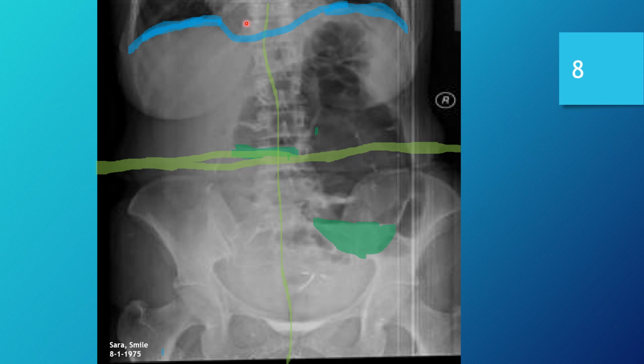You'd like to have a little more information available than that. But through the inferior aspect, it goes all the way through the pubic rami, so the entirety of the bladder and the lower portion of the belly is present. All the anatomy required for this image is present, absolutely.